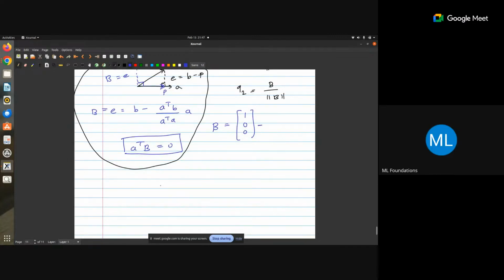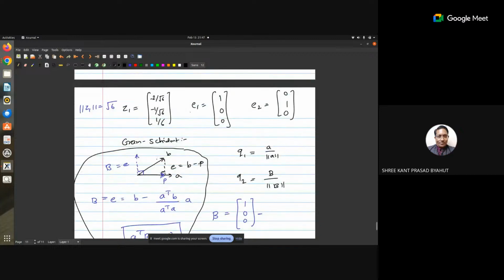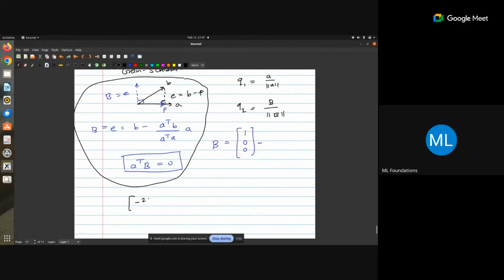So what is Z1 transpose E1? Z1 is minus 2 by root 6, minus 1 by root 6, and 1 by root 6, and E1 is 1 0 0.